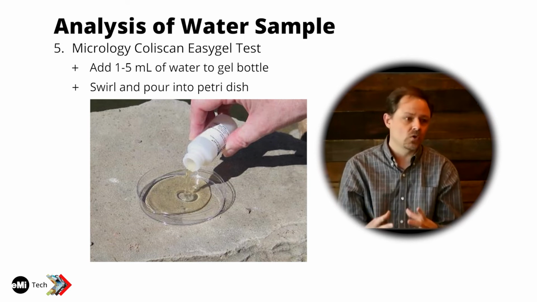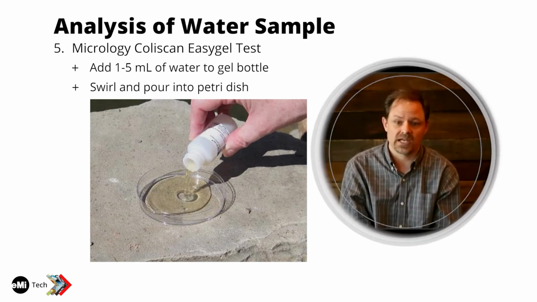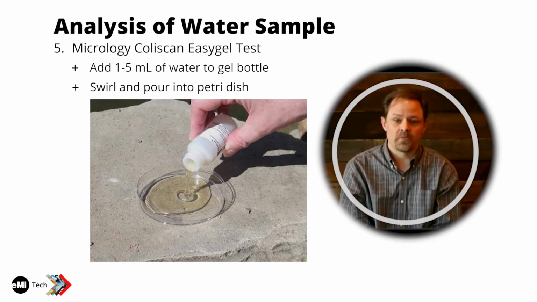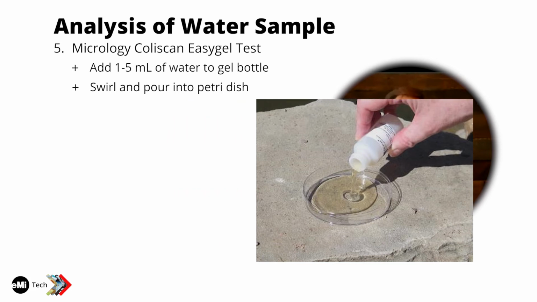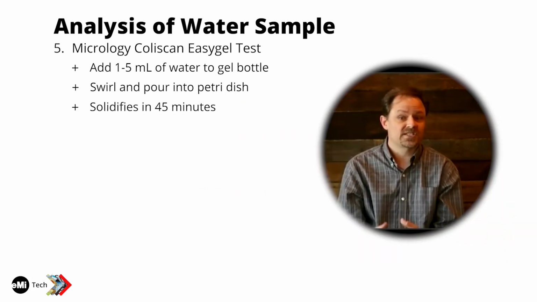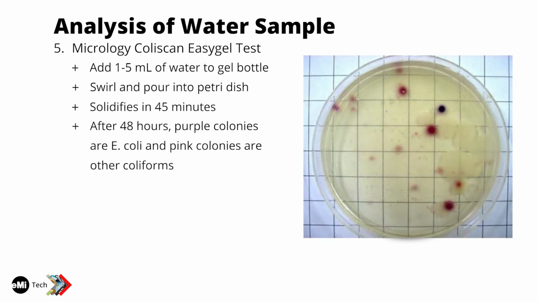So this is not an ordinary Petri dish. It's somehow pre-treated. I'm not sure exactly what they've done to it, but it is a special Petri dish. The gel takes about 45 minutes to solidify. And then after 48 hours, purple colonies that you observe are E. coli, and pink colonies are other types of coliform.